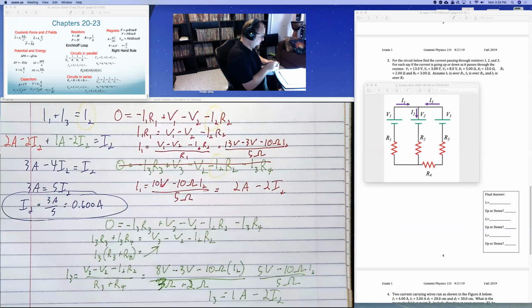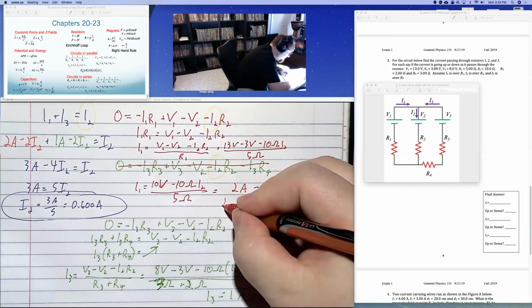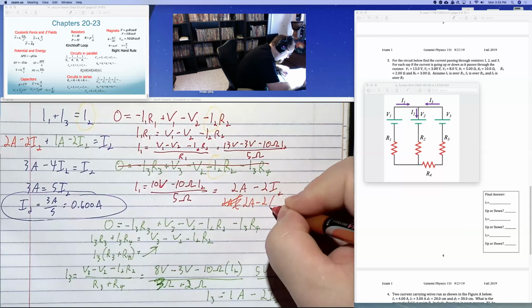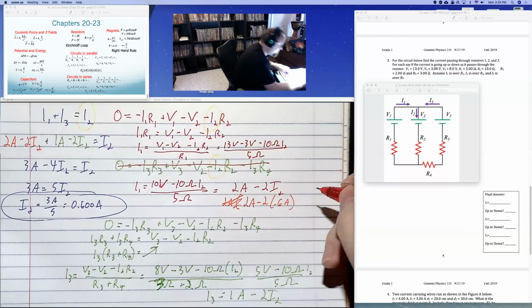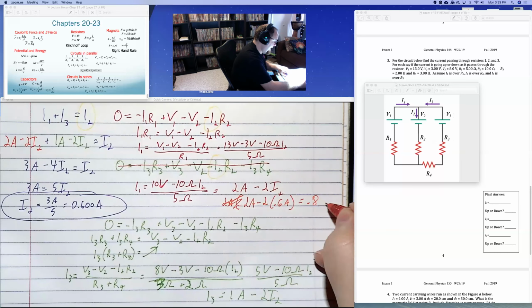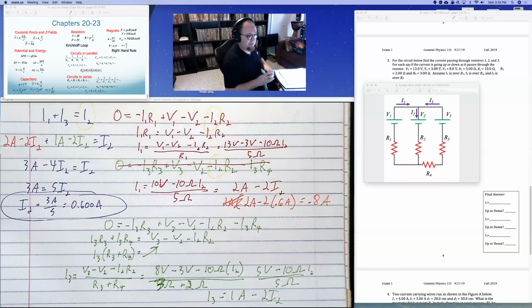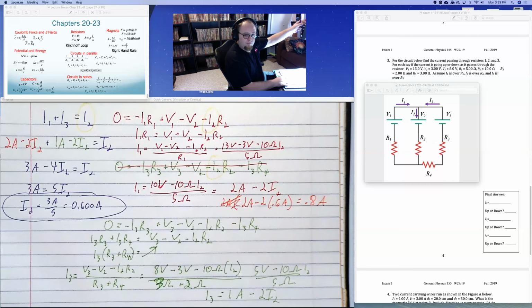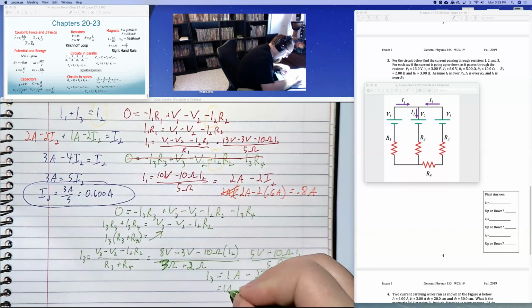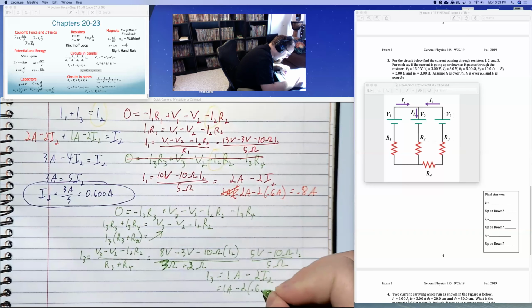I'll then go and solve the other bits. For I1, that'll be 2 amps minus 2 times 0.6 amps, which is 2 amps minus 1.2, or 0.8 amps. I know I'm being bad with sig figs. That should be 0.800. I'm being lazy. And for this green one, 1 amp minus 2 times 0.6 amps.